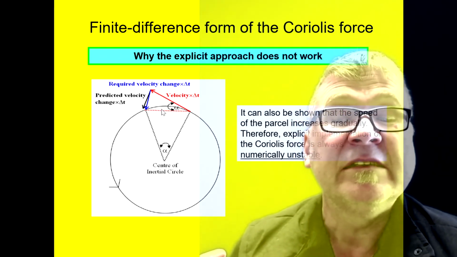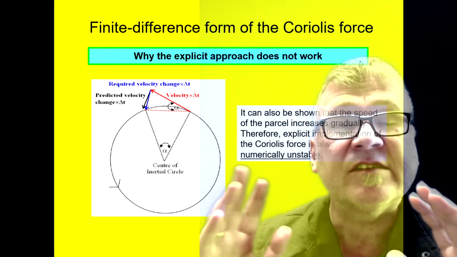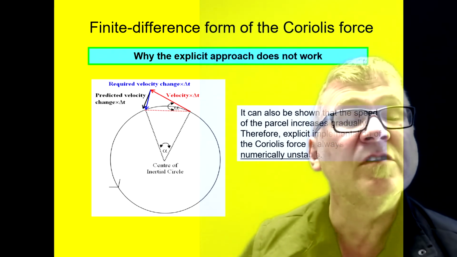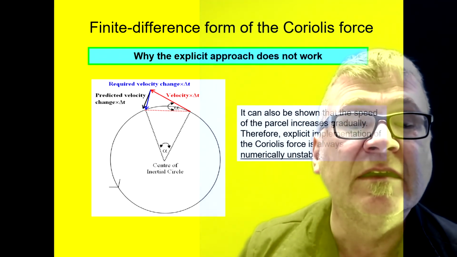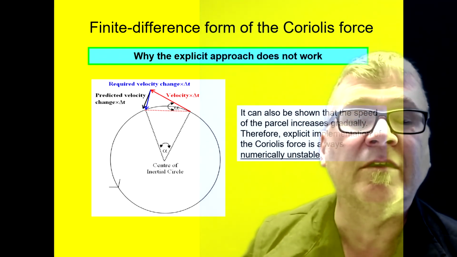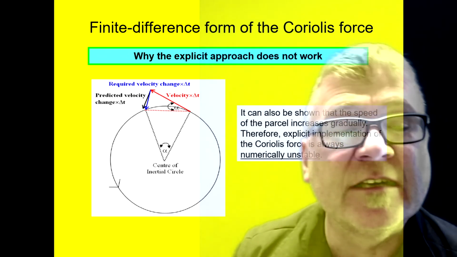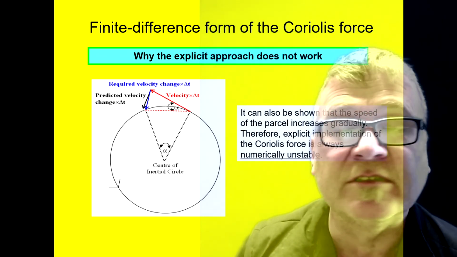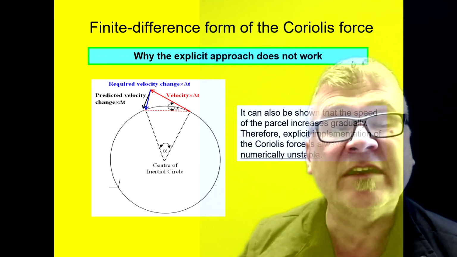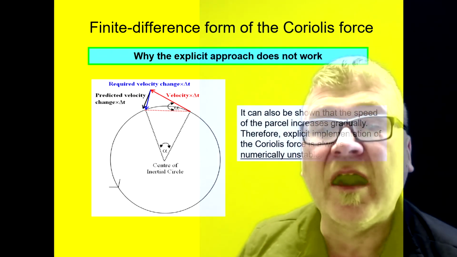That's the problem, so the explicit approach does not work for the Coriolis force. It can also be shown that the speed of the parcel increases gradually. Therefore, the explicit implementation of the Coriolis force is always numerically unstable. The speed increases, so it gets faster, and you get onto these spiraling paths.